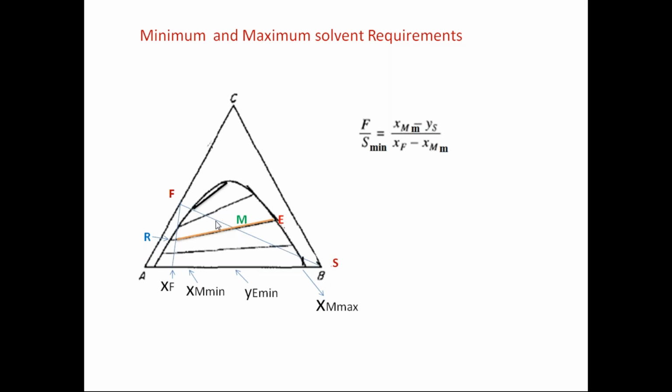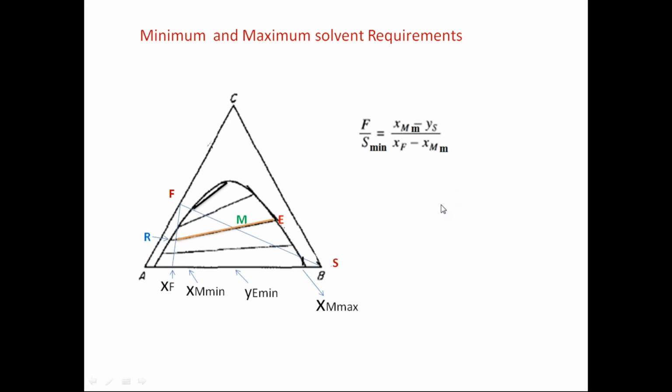Then it goes up on this line and comes to this point. If you reduce S further, then it may cross this binodal curve and go to this side, which is the homogeneous phase. It should not cross. So the maximum solvent can be reduced to this value.